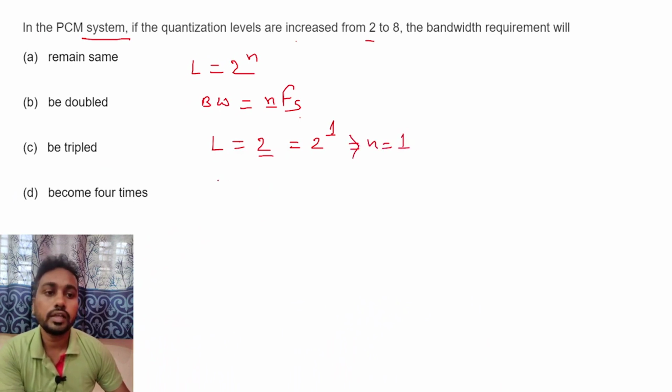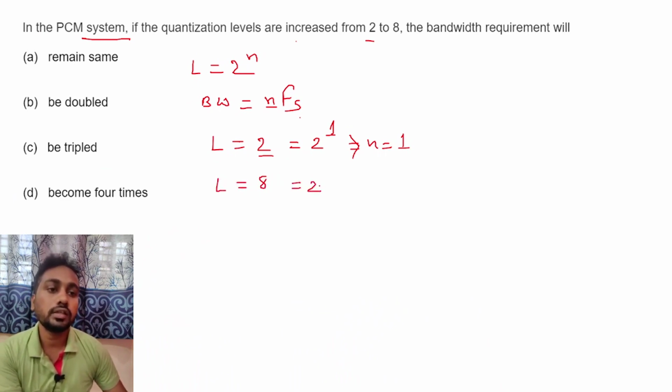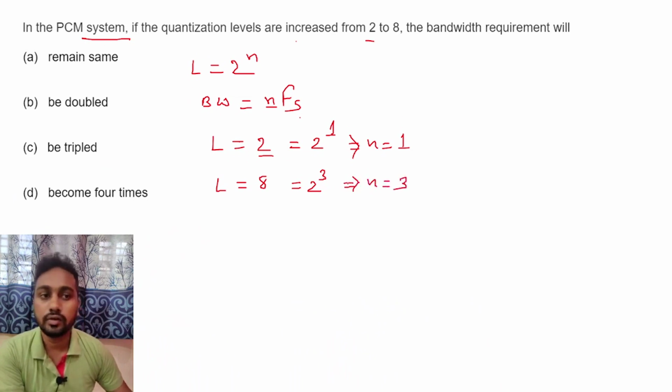Now they are saying this 2 becomes 8, so the level becomes 8. In this case, the value of n is 2 to the power 3, which means 8, so n is 3.